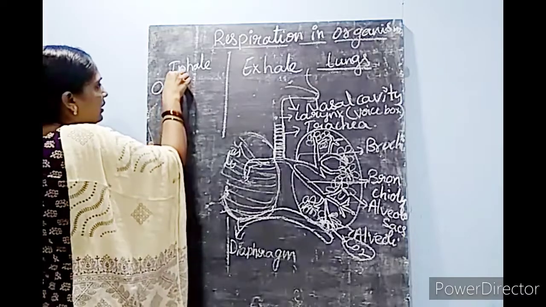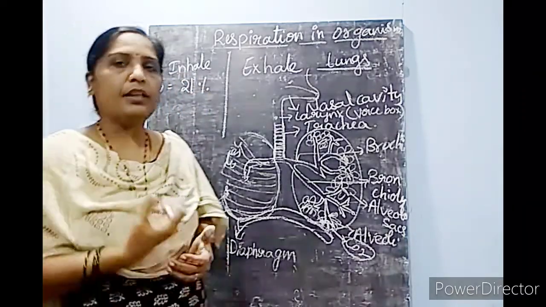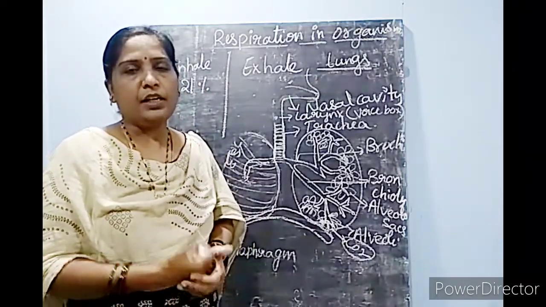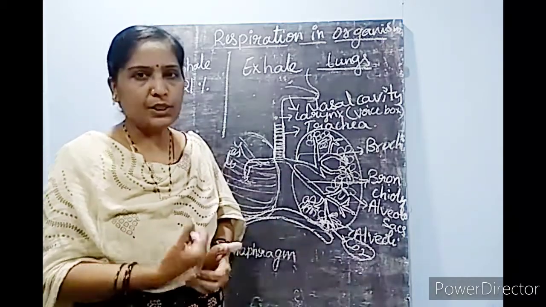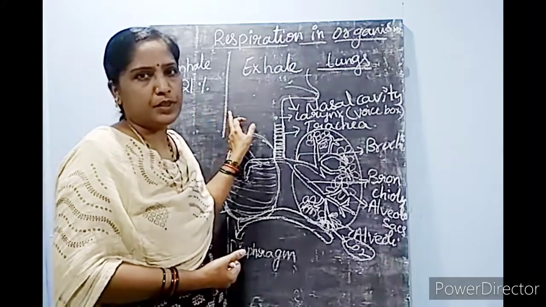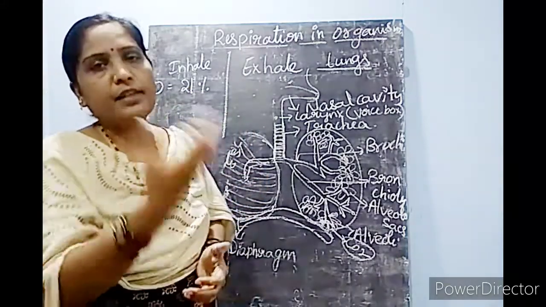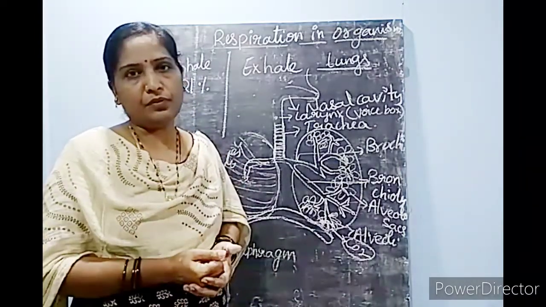Oxygen is 21% in the inhaled air. You learned about the composition of air. It consists of different gases and you know their percentages also. How much percent oxygen is there? 21%.